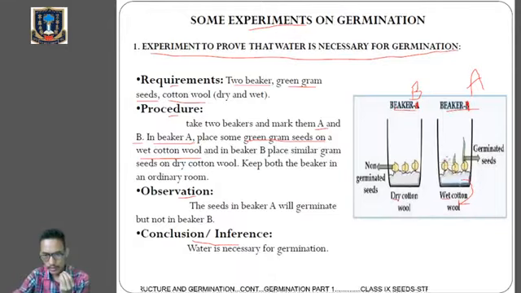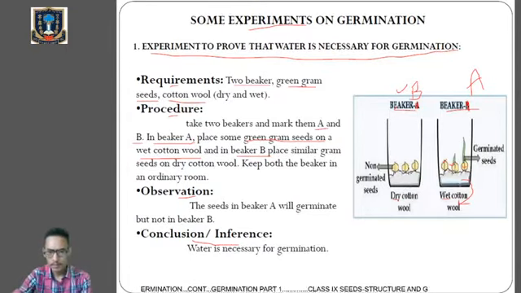You can see over here, these are the gram seeds. Clear? Then similarly in beaker B, we are also putting the gram seeds, but over here we are using dry cotton wool, instead of wet cotton wool.